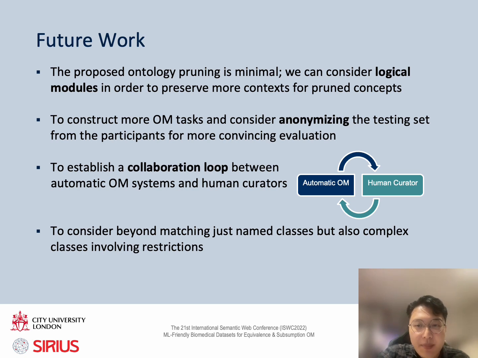This is to feed back high-quality system outputs, for example, consensus of multiple top-ranked systems, to the human curators, and ask them to refine the gold standard so that we can use the refined gold standard to evaluate our systems again. And lastly, we would like to consider going beyond matching just the named classes, but also complex classes involving restrictions.